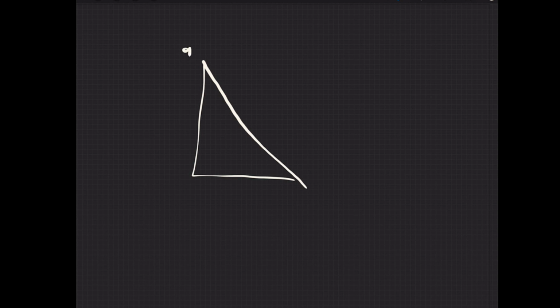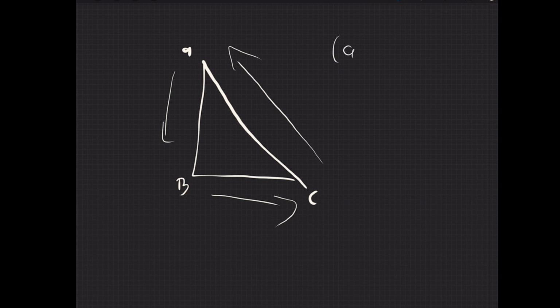So we'll call this one A, this one B, and this one C. Now, there's a few things we're going to need. One, we're going to need to know the order. We have to pass them into the method in the same order every time. So this is the order in which I am going to put them in, because we have to go on a counterclockwise pattern. So to maintain that, this is how we're going to do this. So our method, we're going to pass in the 3 vertices that we're going to need.